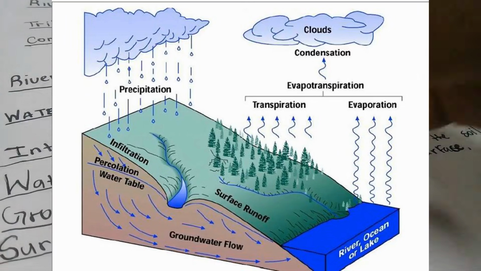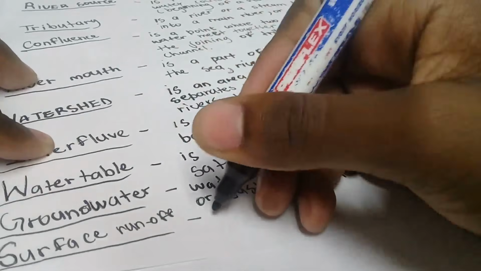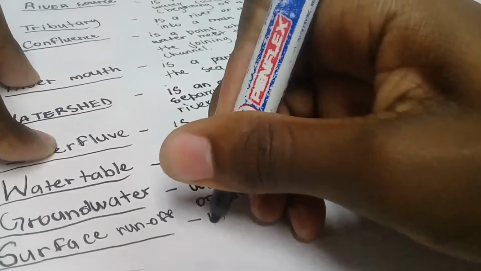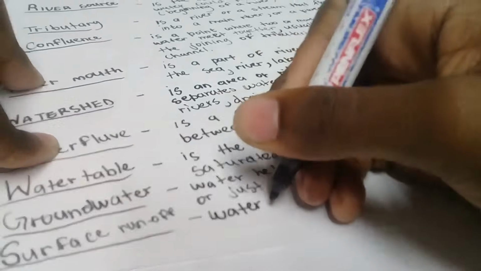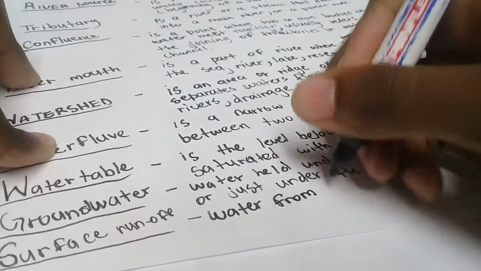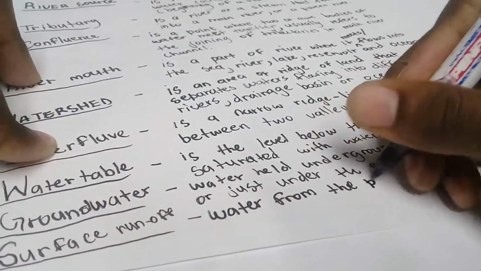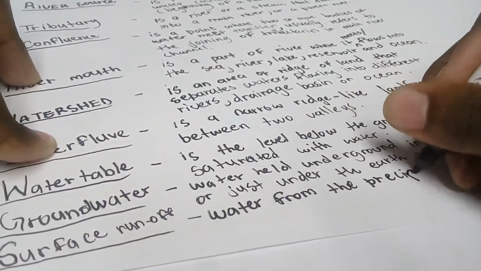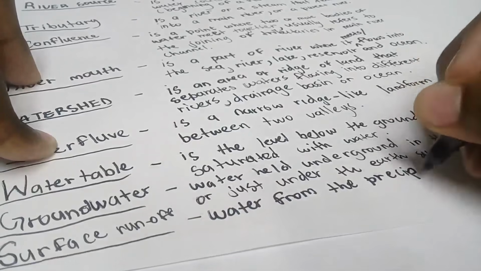Surface runoff is water from precipitation. Precipitation is a synonym of rain, guys, but in geography we use precipitation, don't say rain.